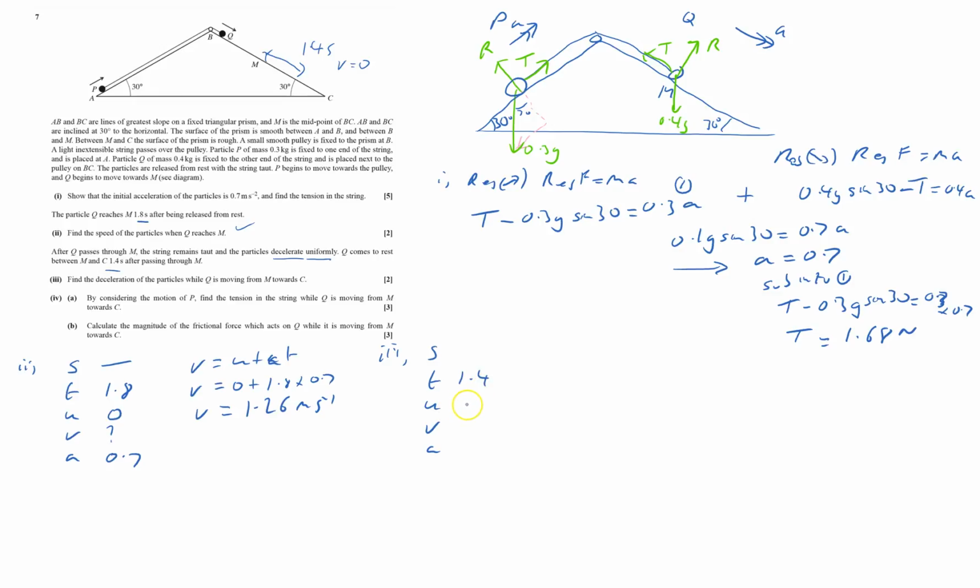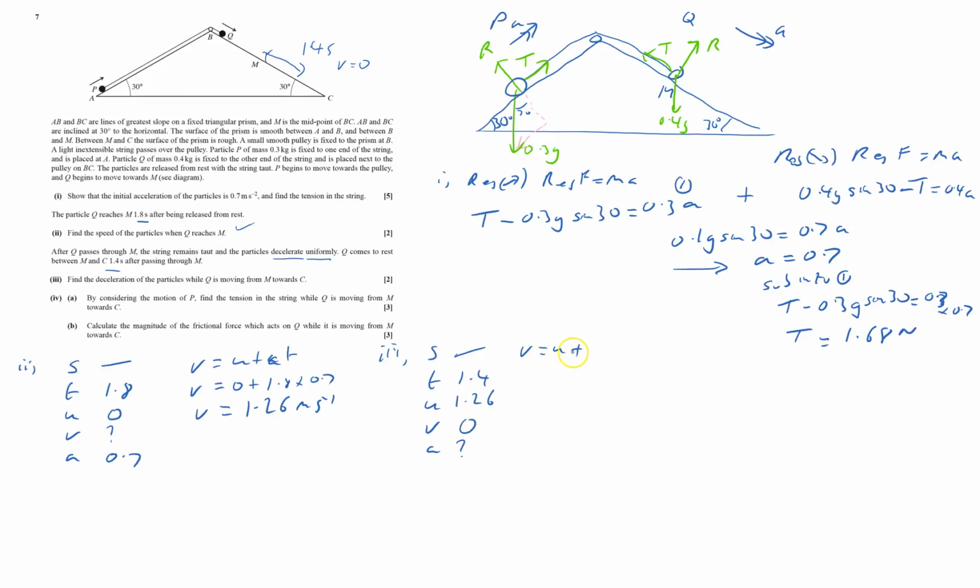The initial velocity is the velocity which I've just worked out, the speed when it reaches M, so u will be 1.26. Final velocity is 0, and acceleration is what I want to find. Don't care about that. And so I've got v equals u plus at again.